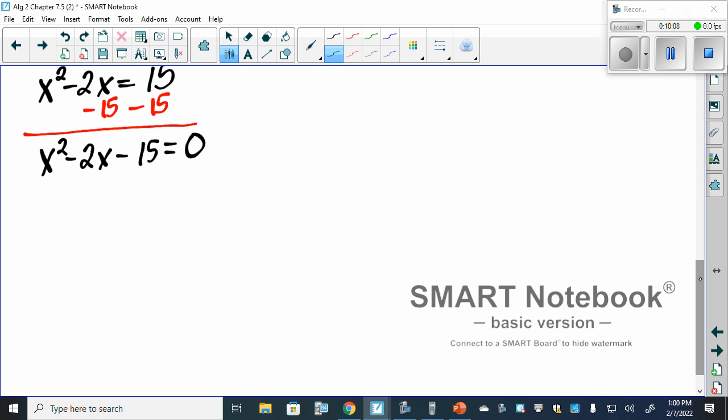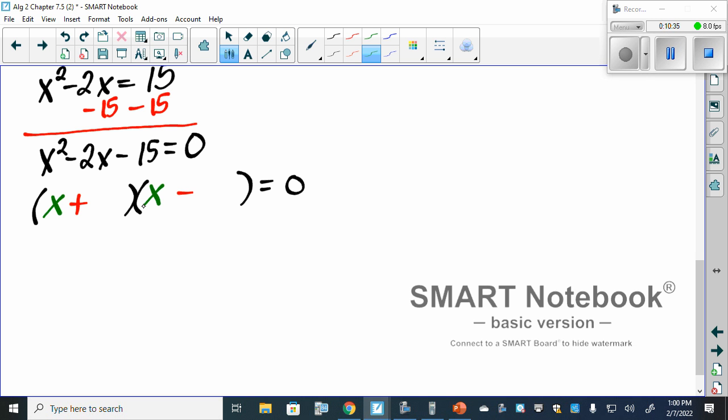Now, if we factor this here, our two sets of parentheses with three spaces, well, the 15 is negative, so our signs would be opposite. One's positive and one's going to be negative. Now, the factors of x squared are x and x. And the factors of 15 are 1 and 15 or 3 and 5.